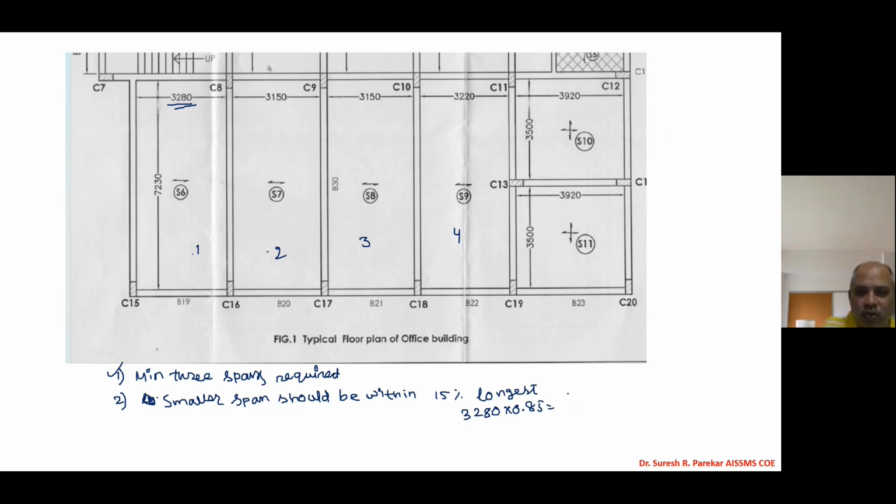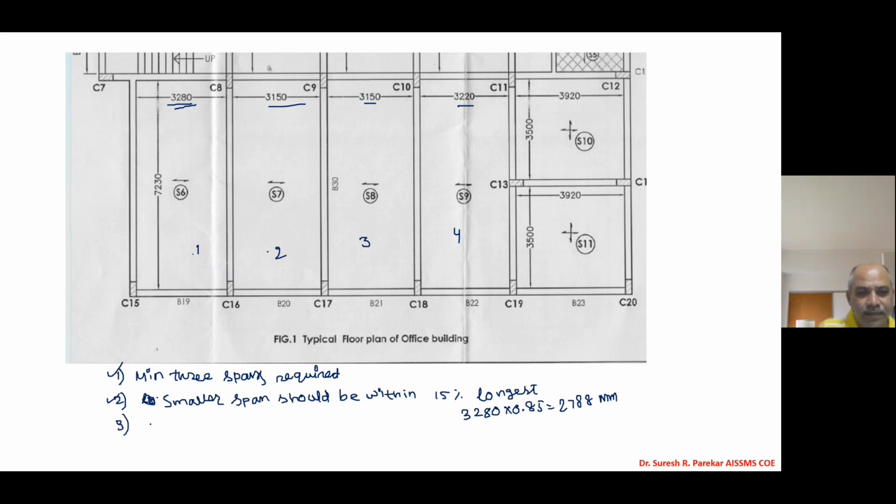This value comes to 2788 millimeters. So all our spans, that is 3150 is greater than this, and 3220 is also greater than this. And therefore our second condition is satisfied.